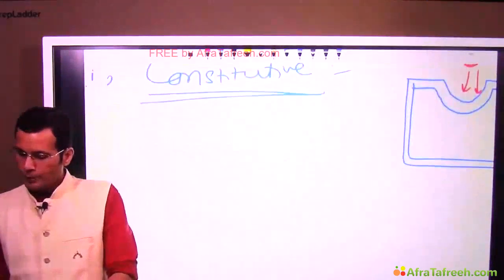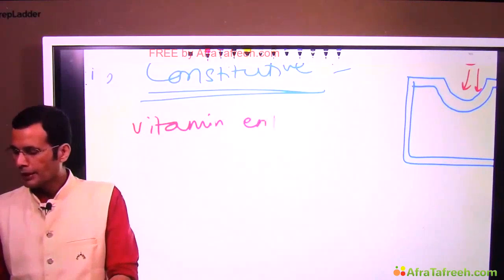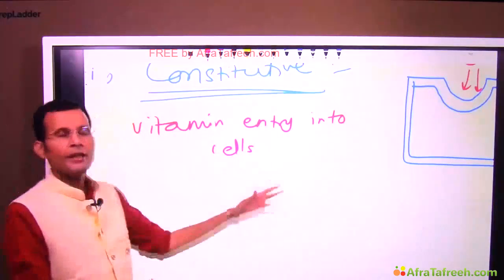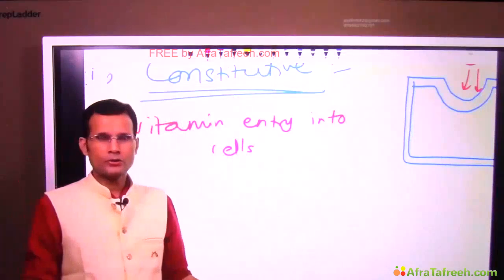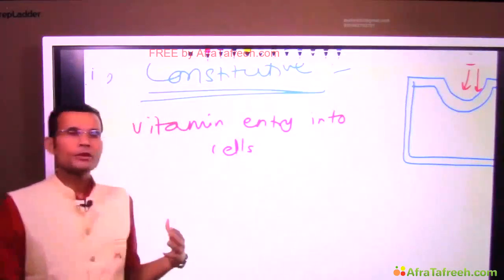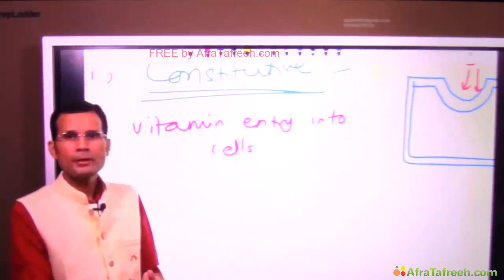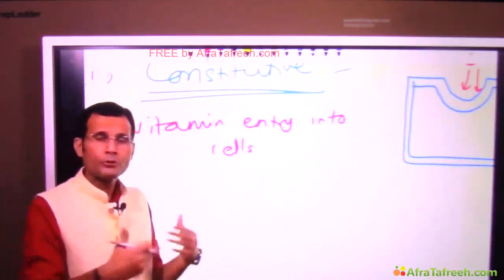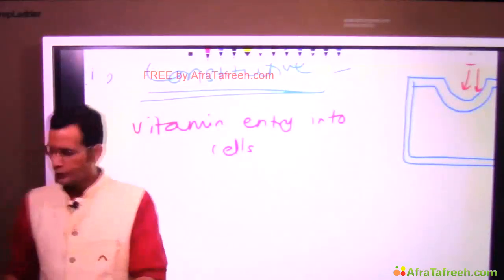For example, vitamin uptake by the cell, vitamin entry into the cells. Many of the vitamins enter the cell by constitutive endocytosis. You know, vitamins are the cofactors required for various enzymatic reactions in the cell. So almost all cells are going to need those vitamins, and therefore it's a constitutive endocytosis.